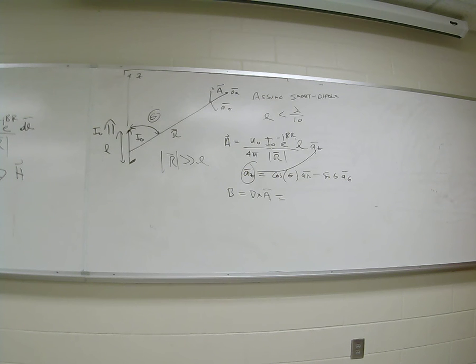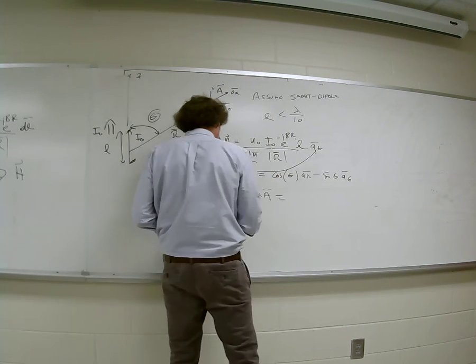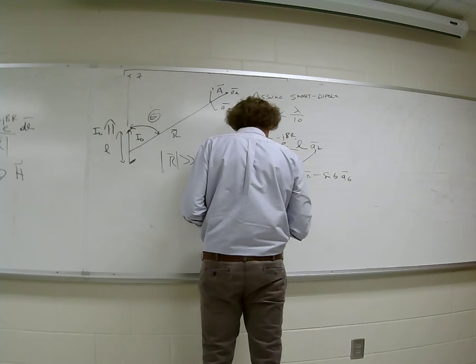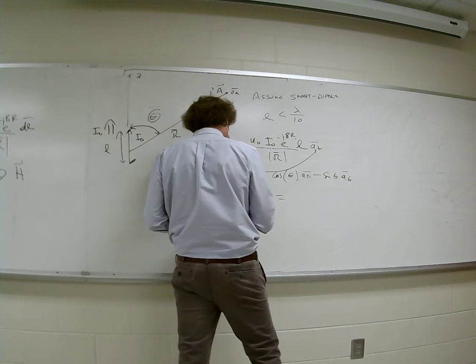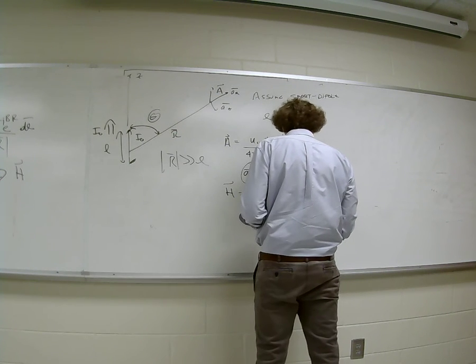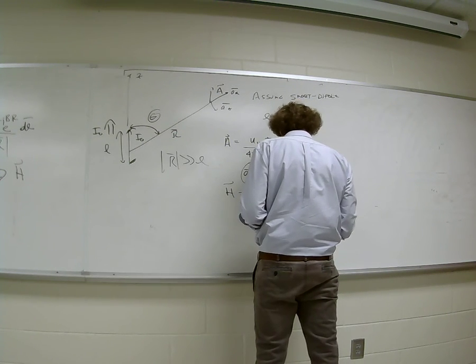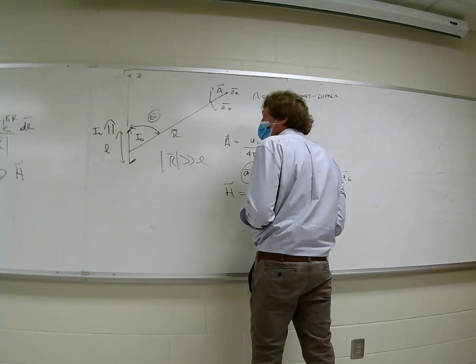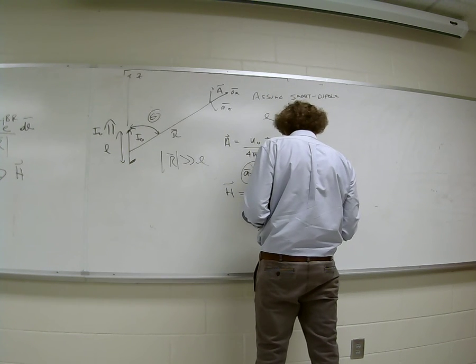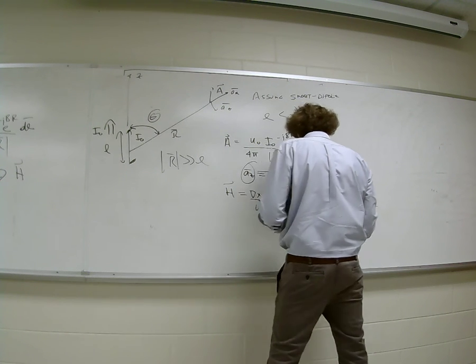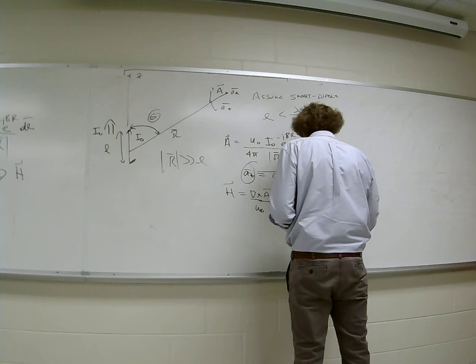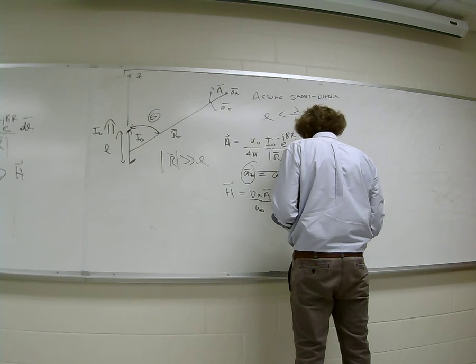I know B is mu H, so what I'll do is get this, and that's going to be equal to J beta L e to the minus J beta R, right there.